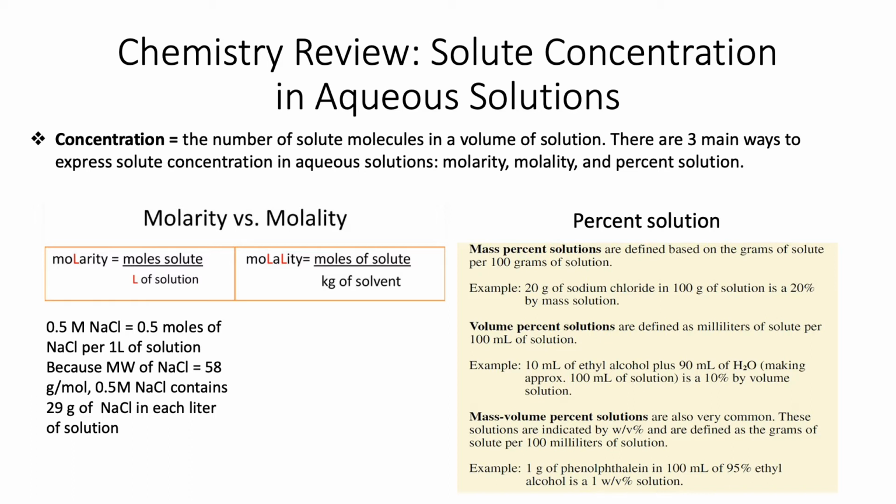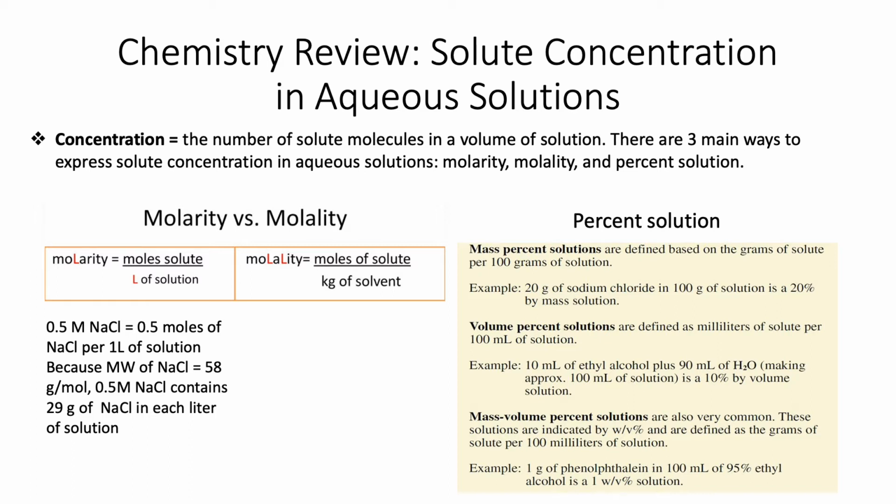Molality, on the other hand, is the moles of solute per 1 kilogram of solvent. Both molarity and molality talk about the moles of solute in a solution. However, note that molality is different than molarity in that molality involves the weight of solvent instead of volume of solution.